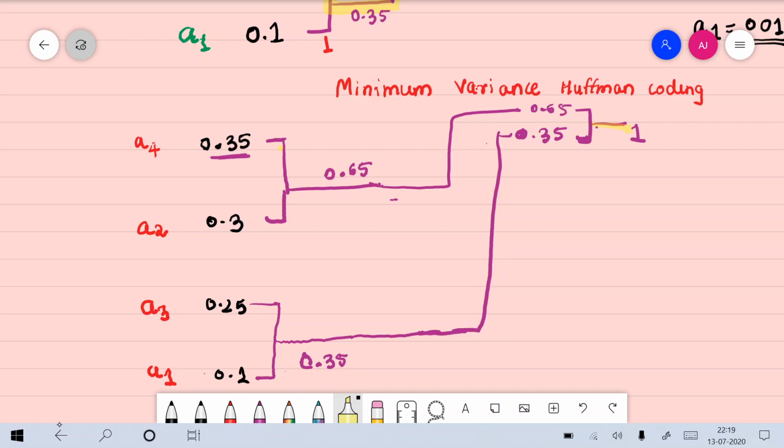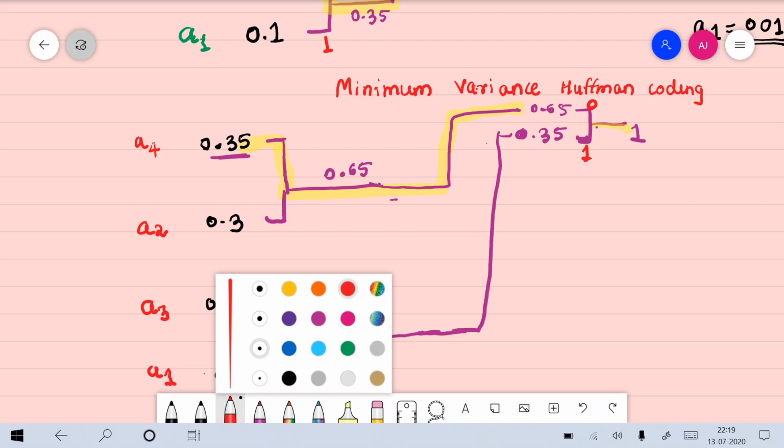So I have from here, then it will go here, here, here and here. Let us write 0, 1 and 0, 1. So this you have 1, this is 0, this is 1. Sorry, the color got changed.